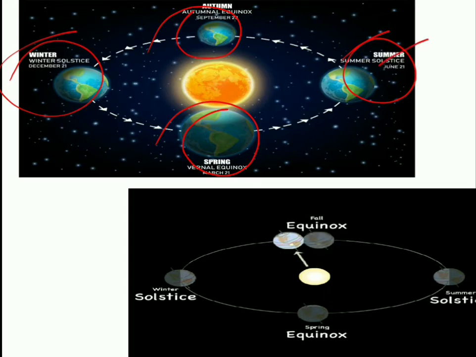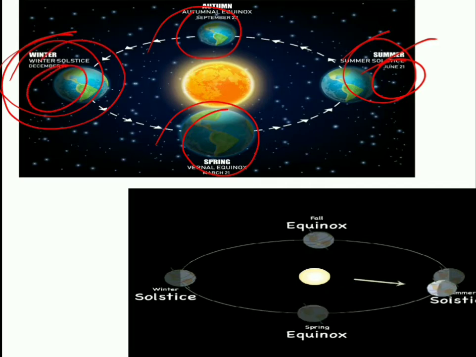During the summer season, on June 21st, the day is very long and the night is short. Exactly opposite in the winter season, on December 21st, the earth experiences the shortest day and the longest night.